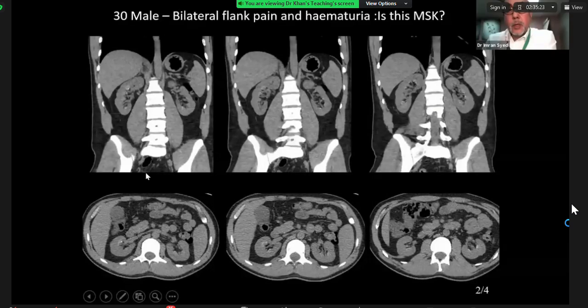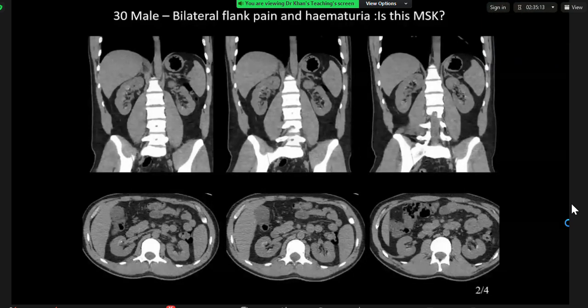Okay, so we have the CT. Is this MSK? No, it's not MSK. It appears to be faint, subtle calcification within the corticomedullary junction. So this is more in keeping with cortical calcification rather than medullary calcification.